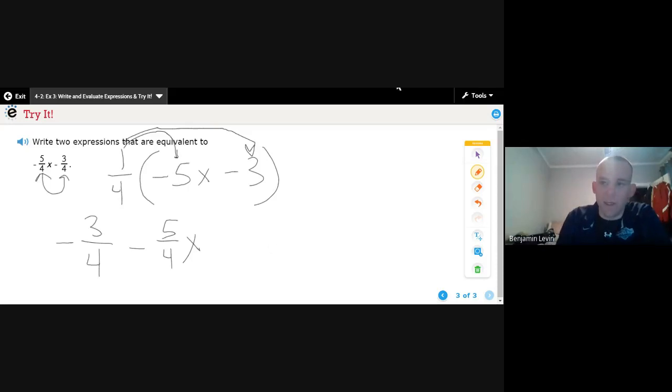We can do that because that's commutative property, as long as we keep the signs the same. In this case, they're both negative, so that makes it easy. As long as we keep the signs with the original numbers, we can switch the order of them, right? So that's another way we could write an equivalent expression. Just flip them around. Or we could distribute. We could draw out the divide by fours from both of these numbers.